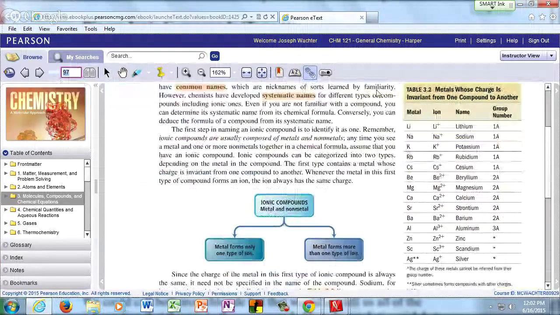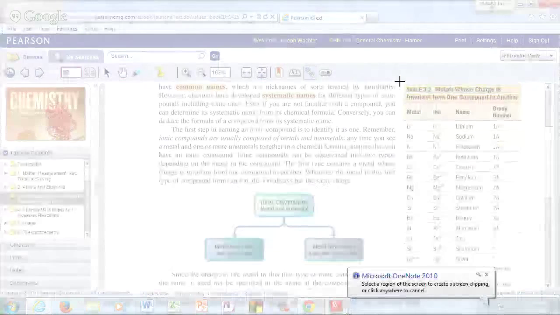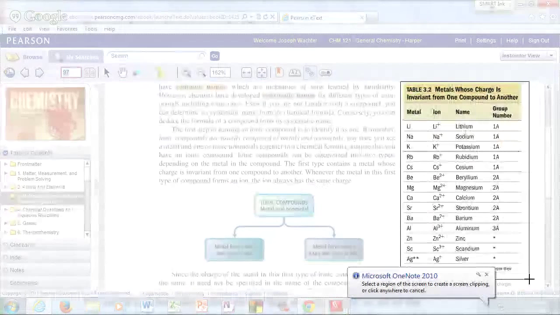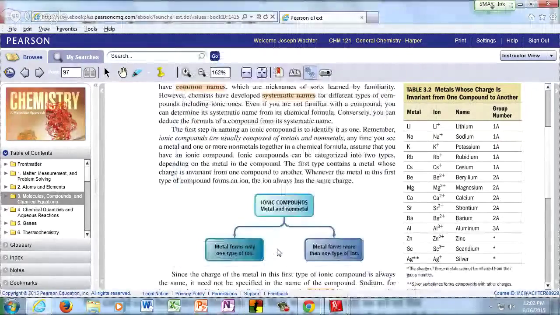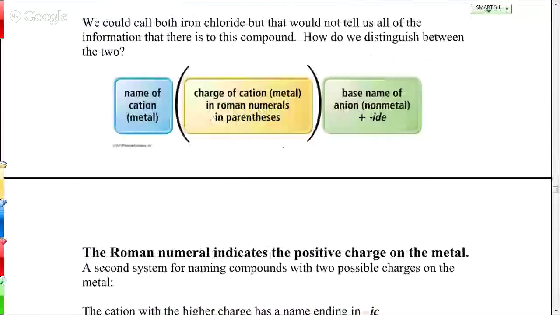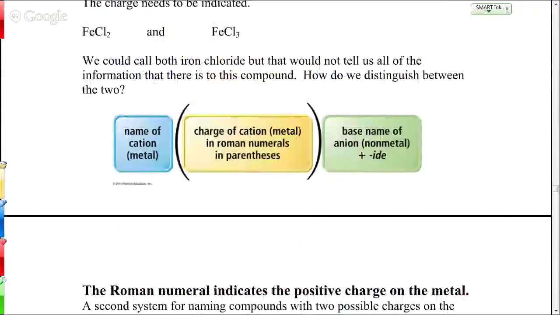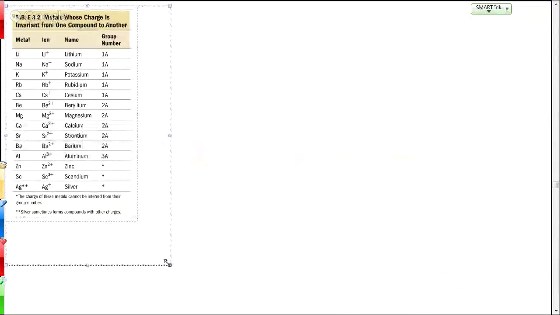You see this table over here? Let's see if I can copy it over. Let's make ourselves an extra page here and look at this chart.